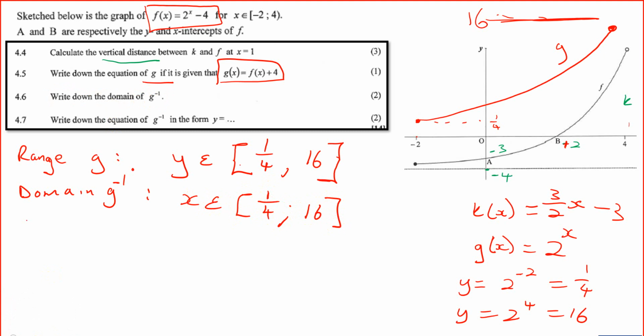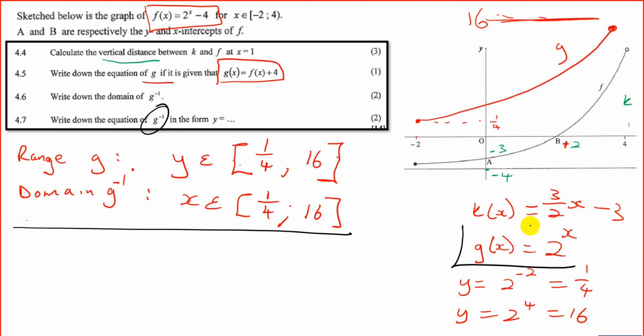And I'm going to quickly change my color. So the question says write down the equation of the inverse. Now we know the rules for inverse. The equation of G is G of x is equal to 2 to the power x. Step 1 in an inverse will be to swap x and y. So we have y is equal to 2 to the x. We now make it x is equal to 2 to the power y.